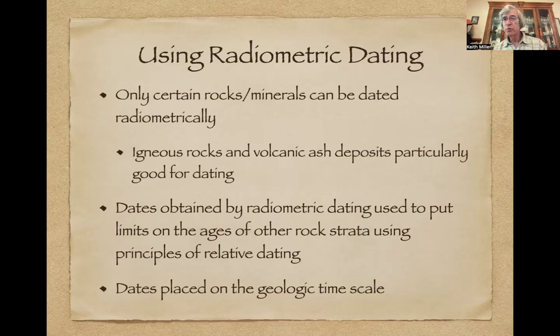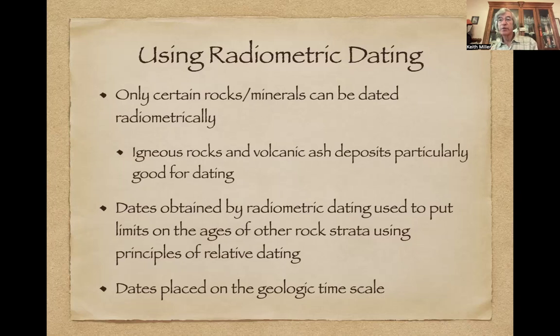As we said, only certain rocks and minerals can be dated radiometrically. You can't just go pick up a random rock and date it. Igneous rocks and volcanic ash deposits are particularly good for dating. The dates obtained by radiometric dating are used to put limits on the ages of other rock strata using principles of relative dating.